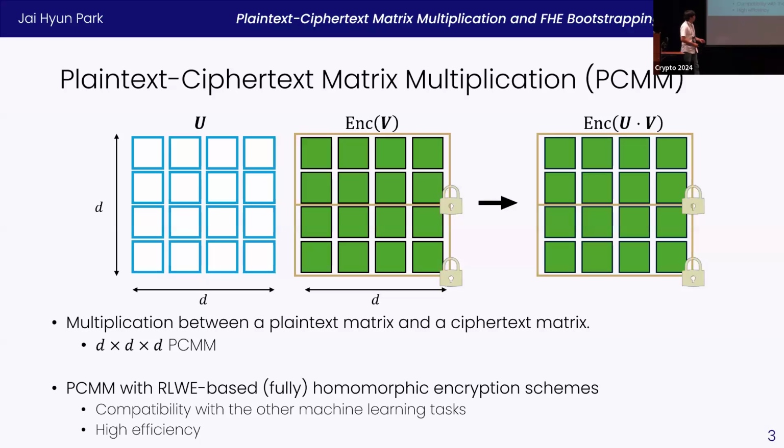The reason we focus on FHE schemes is that we want to use it for privacy preserving machine learning or other tasks, so we want it to be compatible with other machine learning tasks. The reason we focus on ring LWE-based schemes is that we want high efficiency in terms of throughput. In particular, in this work, we perform PCMM with the CKKS scheme.